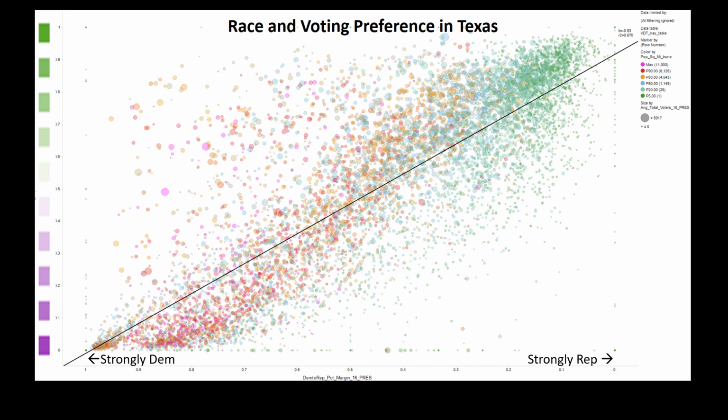We also know from the census data the racial makeup of each precinct. This is on the vertical axis. To the top are the mostly white precincts, shown in green on our previous maps, and along the bottom are the precincts with the higher minority populations, shown in purple on the previous maps.